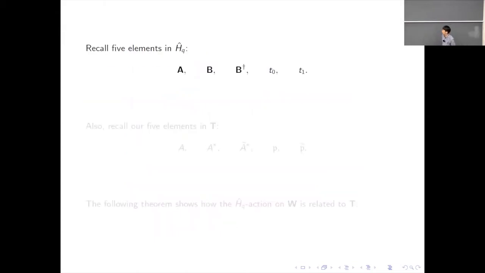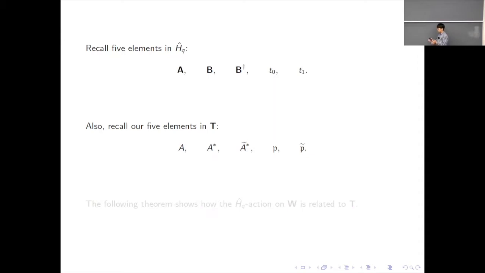So now I recall the 5 elements in HQ hat we have discussed so far: A, B, B dagger, T naught and T1. And we described the action of these elements on W. Also, in our previous lectures, Monday and Tuesday, we discussed 5 elements in the algebra T, the generalized Terwilliger algebra: the adjacency matrix A, the dual adjacency matrix A star with respect to X, and A star tilde, the dual adjacency matrix with respect to the Delsarte clique.